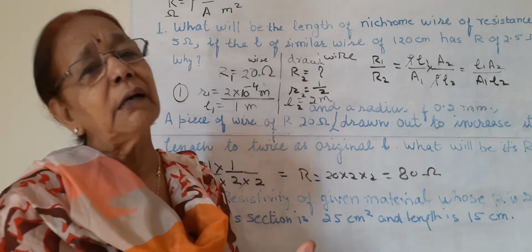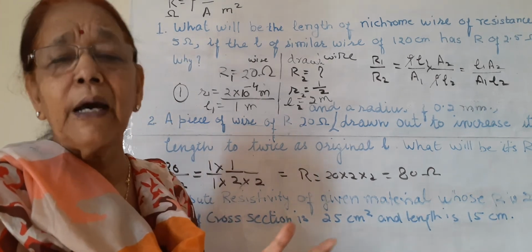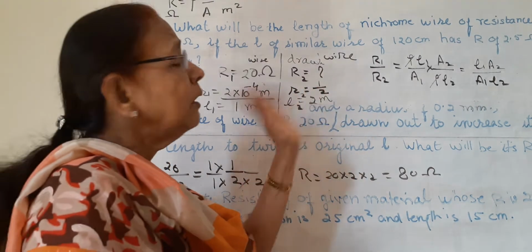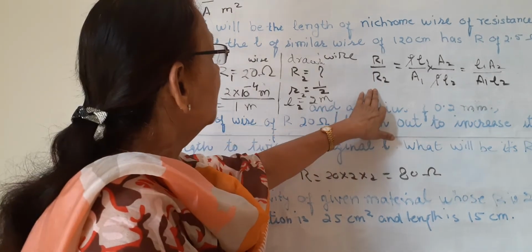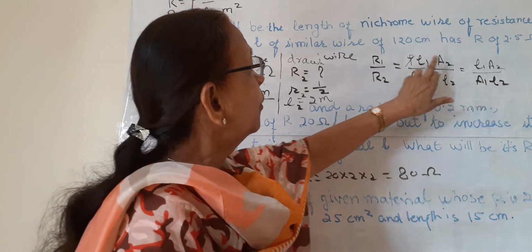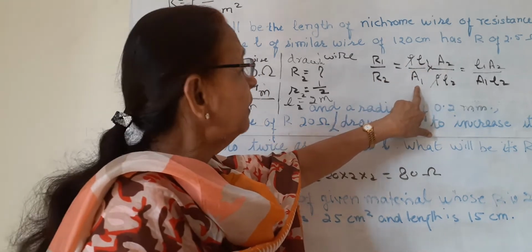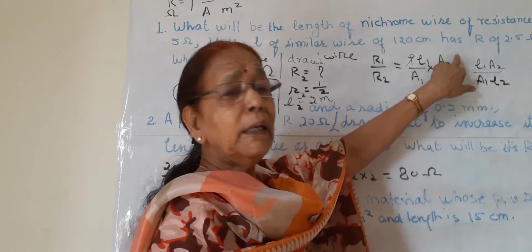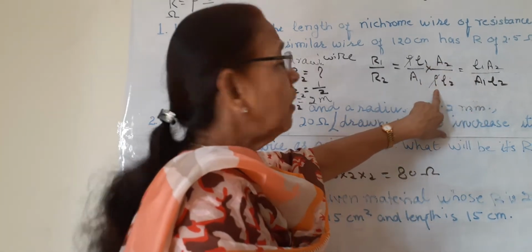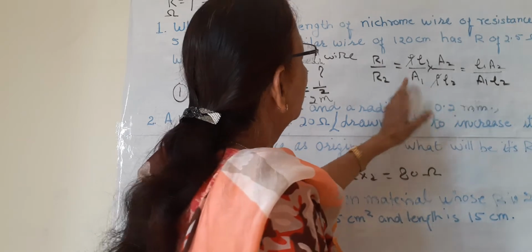Now this is the formula. R1 is rho L1 over A1 upon R2. So A2 will be in numerator and this is in denominator. So this is the equation.